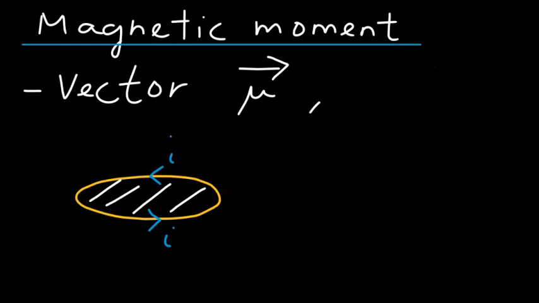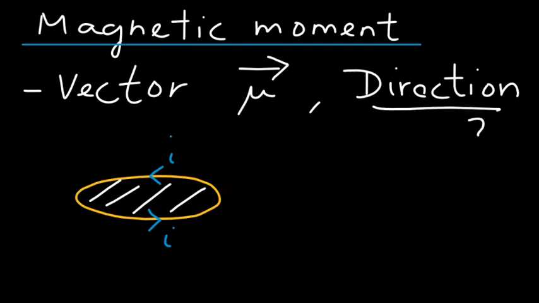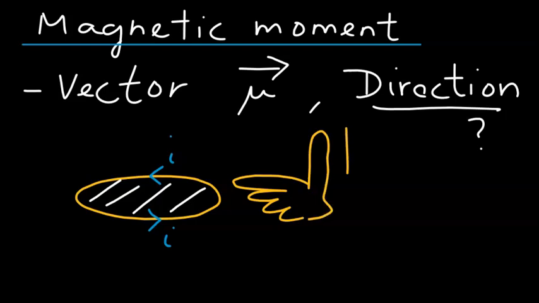Since this magnetic moment is a vector, we need to determine the direction of this vector mu. So how do we determine the direction of this magnetic moment? We employ the right-hand rule again. We simply grab this loop with your right-hand fingers like that, and the direction of your thumb represents the vector mu.